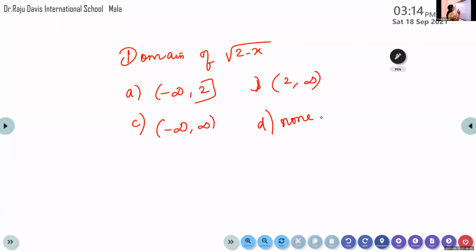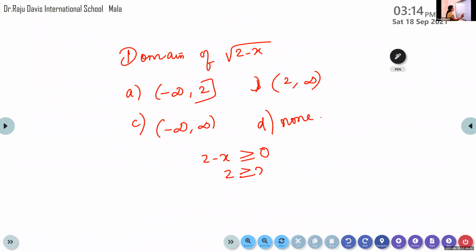What is the answer? What will be the domain of this function? It is a square root, isn't it? Whenever we are given a square root, to find the domain, we can take the square root only if the function inside must be greater than or equal to 0.